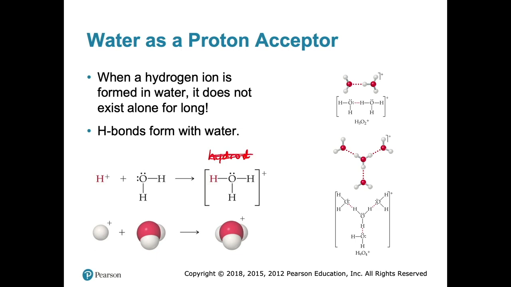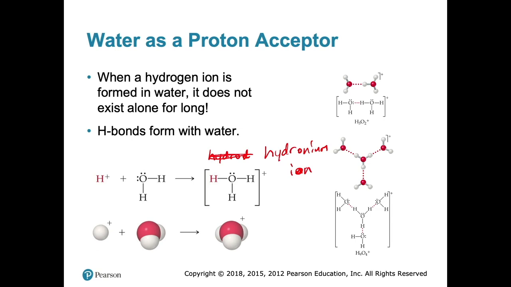I will definitely be talking about that a lot. I won't ever refer to it as a proton by itself anymore. I will most of the time call it a hydronium ion.